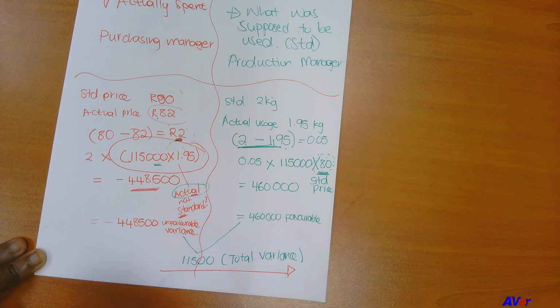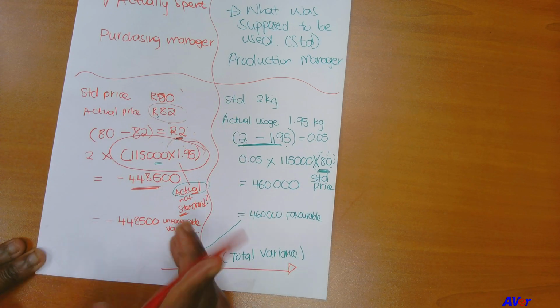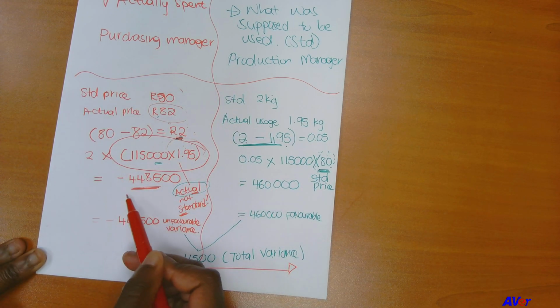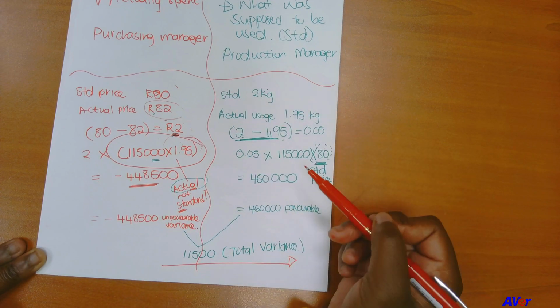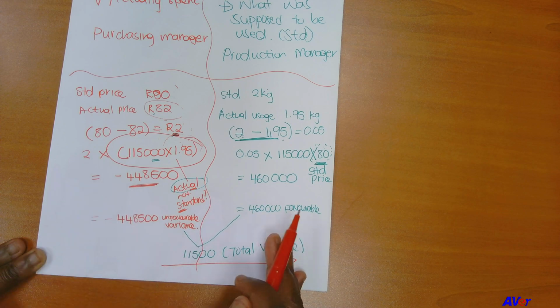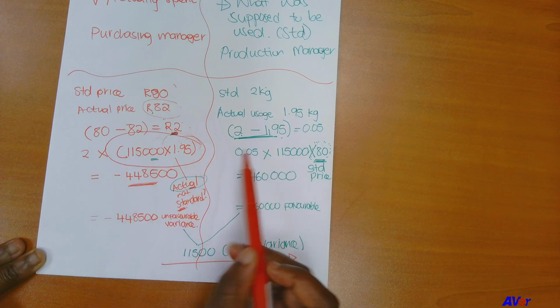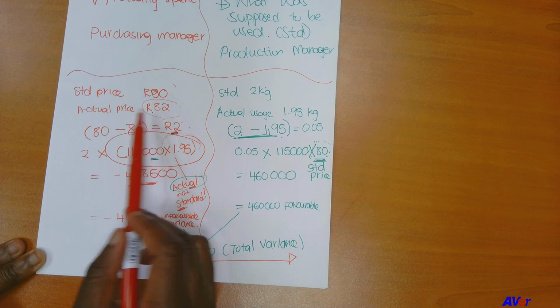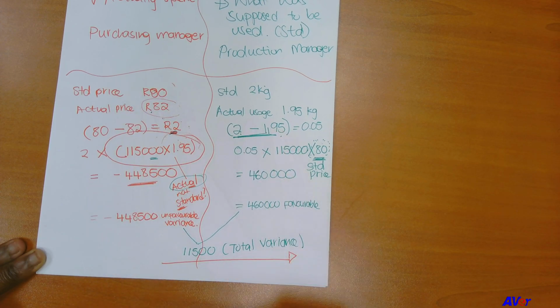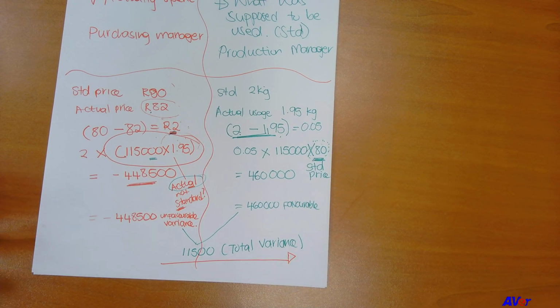So we can say, well, our problem came in at the price variance because that was the unfavorable variance. And then we look at the volume variance and we say, okay, we made a bit of a saving. Then we can say maybe because we use less material but we spent more, it was because we bought high quality material, which would cost more. But it means because you've got high quality material, you actually use less of the material. That's how you can use it as the finance director, for example, to make your decisions.